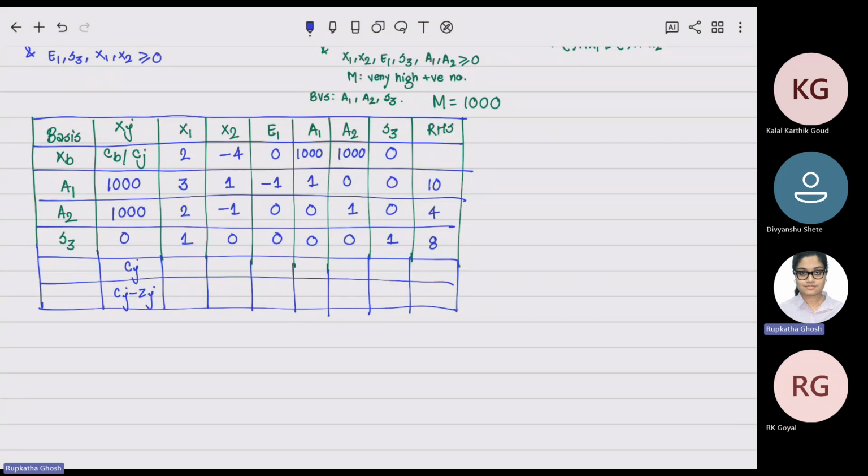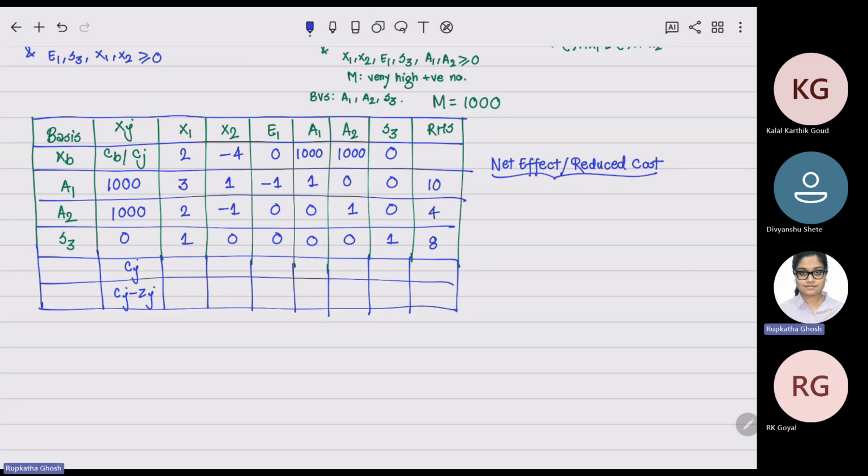To increase the value of a non-basic variable, right? So you need to check the net effect, or we call it the reduced cost of the objective function. Okay.